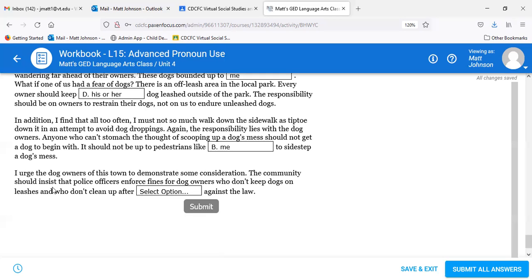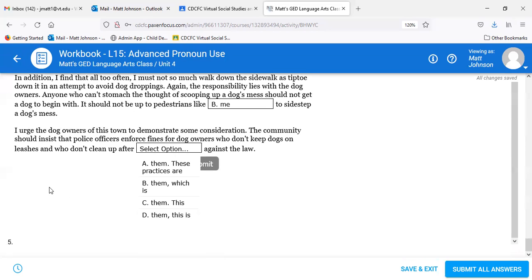I urge the dog owners of this town to demonstrate some consideration. The community should insist that police officers enforce fines for dog owners who don't keep dogs on leashes and who don't clean up after them.